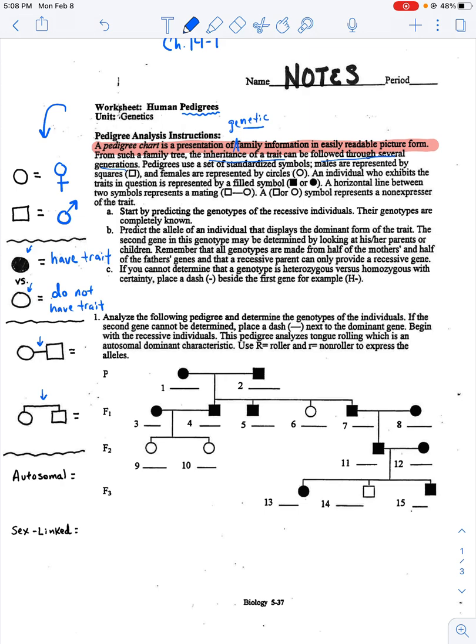If the line connects a male and female, it's going to represent a mating or marriage. So they will possibly have children or be married. If the line is connecting the tops of the symbols, sorry about that, this means siblings.